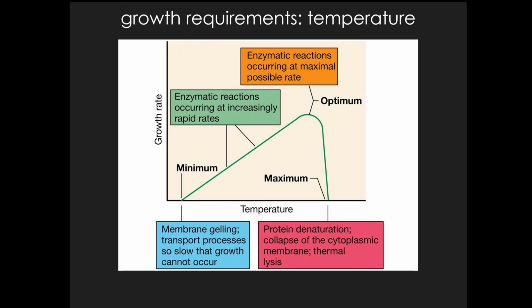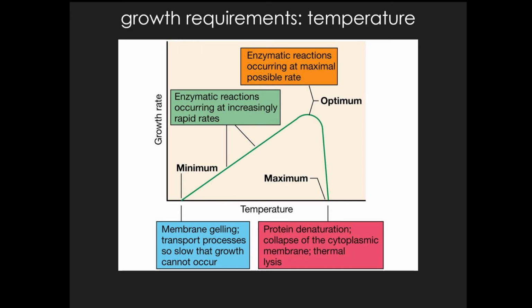Now notice on the low end, minimum growth does not become minimum because of death. It becomes a minimal temperature at which the organism will grow, because at that point, the membrane becomes so solidified that nutrients can't be transported into the cell, and enzyme reactions are going so slowly that growth does not occur.